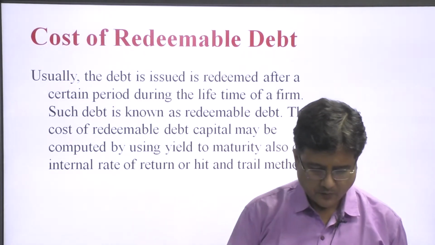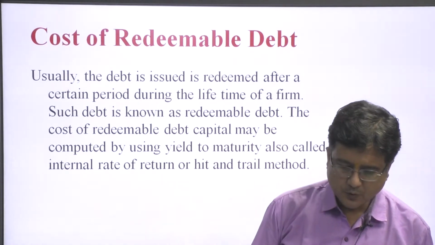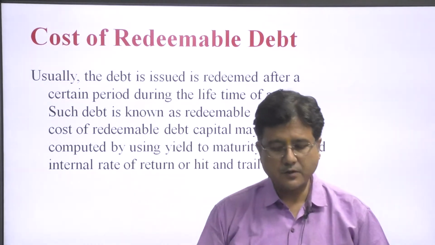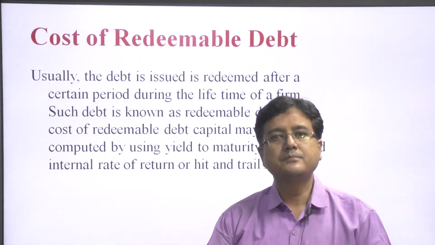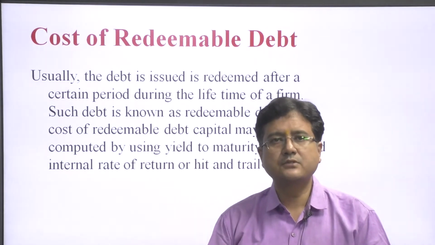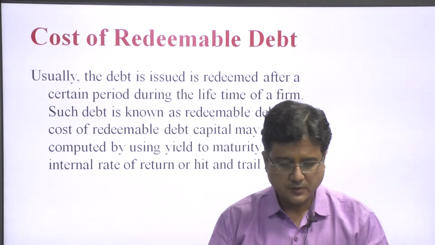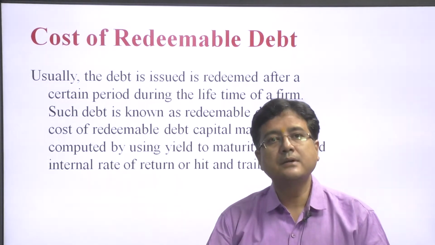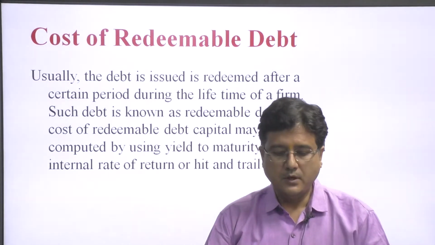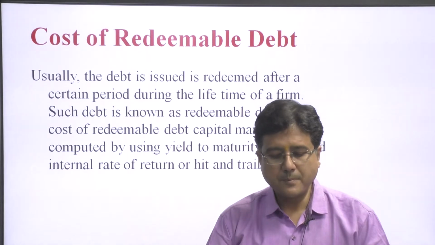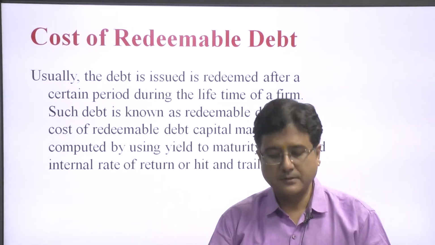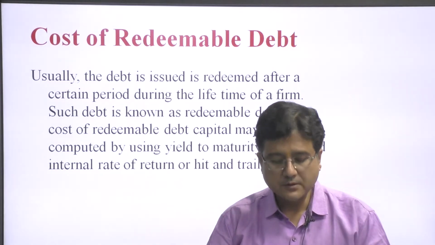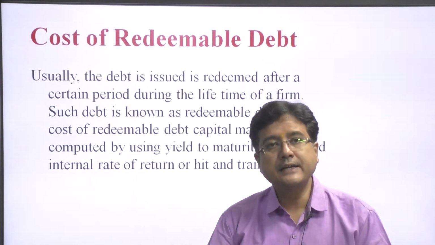Usually the debt is redeemed after a certain period of time during the lifetime of a firm, either 10 years, 15 years, 20 years, or 5 years. Such debt is known as redeemable debt. The cost of redeemable debt capital may be computed by the yield to maturity method, also called internal rate or hit and trial method.